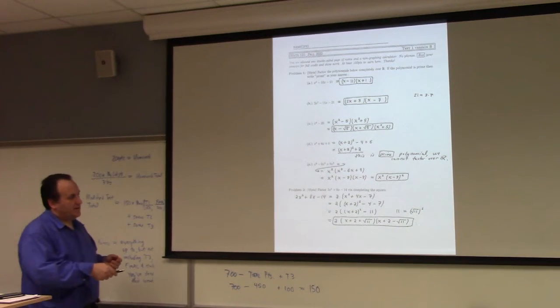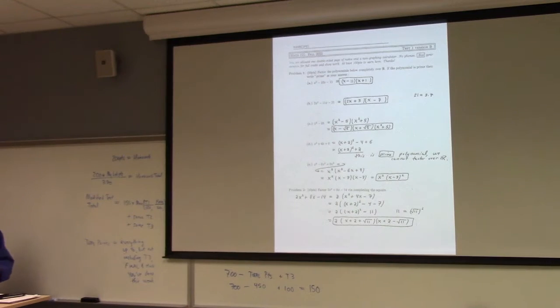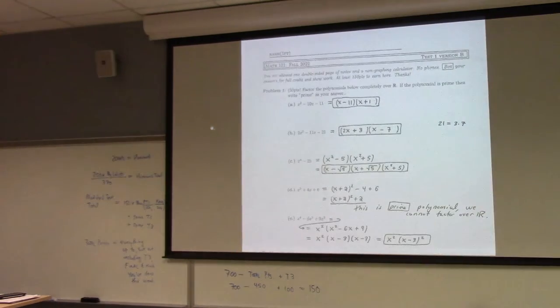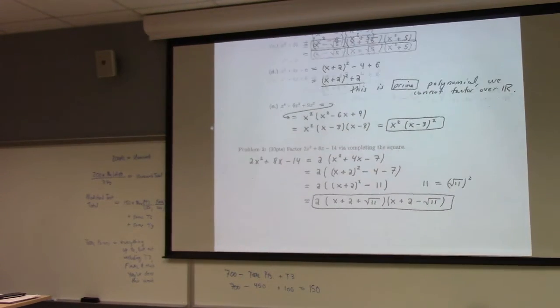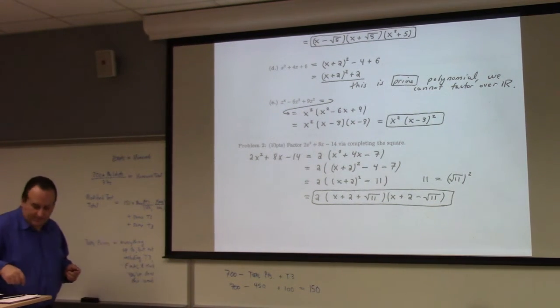How about this right here? Can you guys tell me what's the vertex of the parabola defined by y equals 2x squared? What's the vertex of the parabola defined there?